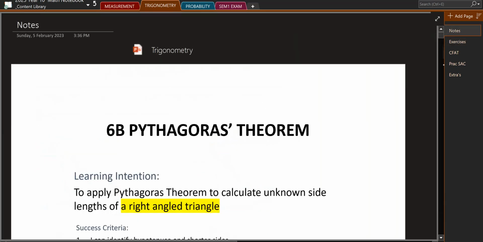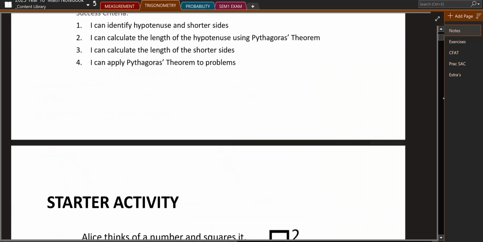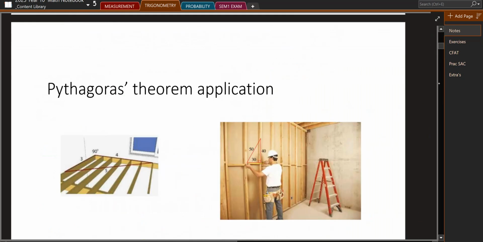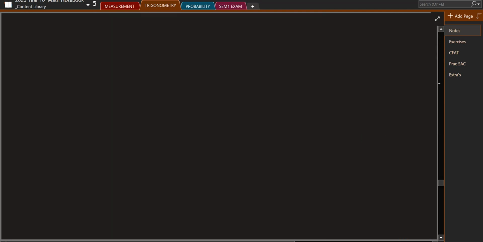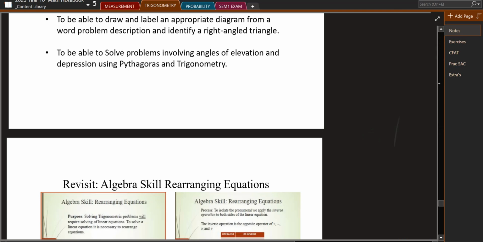Before we actually get into the nitty-gritty of this lesson, while I scroll to it, just remember some of the previous things we learned when it came to finding unknown angles, just operations, these parts here.